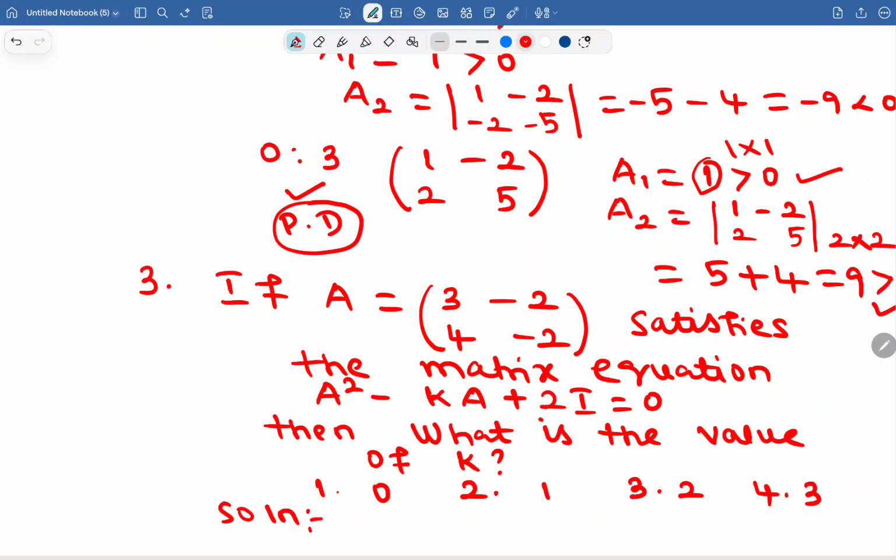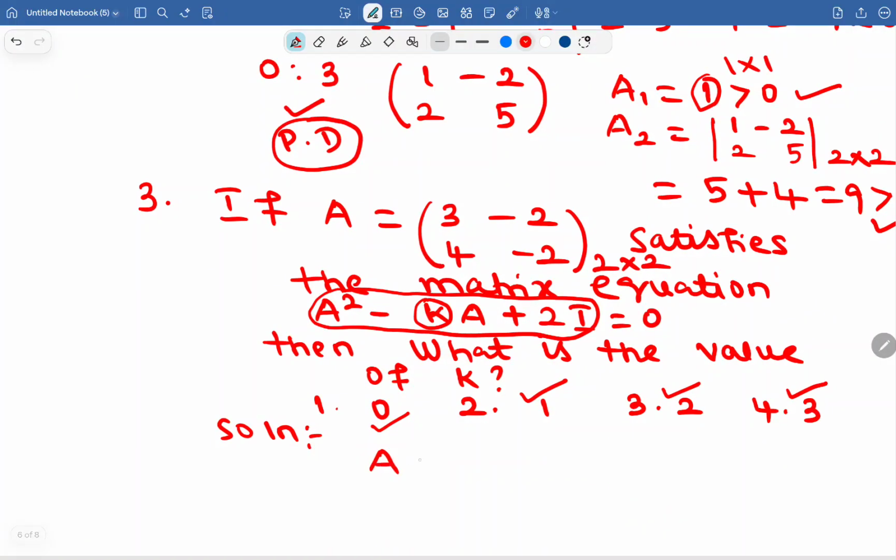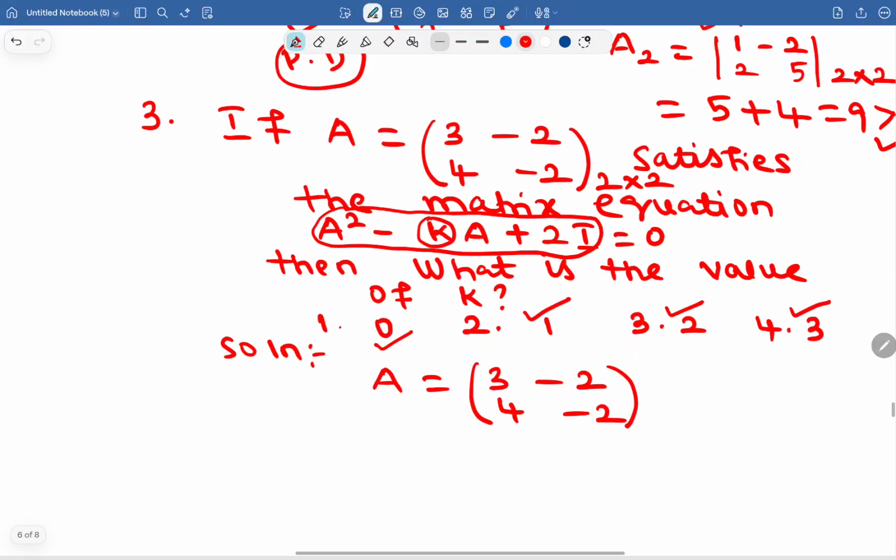Solution. Given matrix A, which is 2 cross 2, satisfies the matrix equation A square minus kA plus 2I. Then we have to find the value of k. What is A? Matrix 3 minus 2, 4 minus 2. First of all, find the characteristic equation.